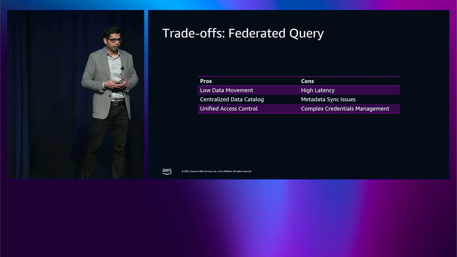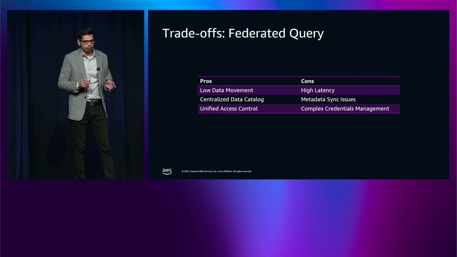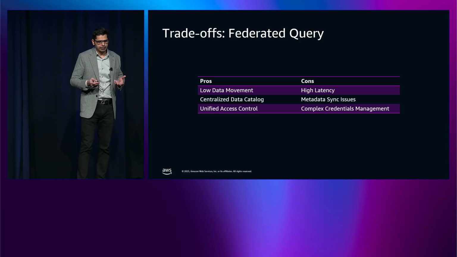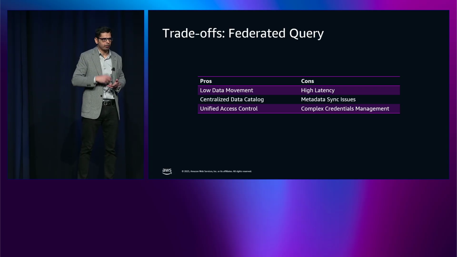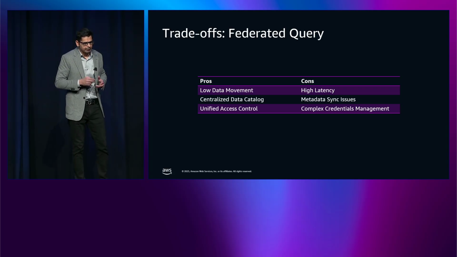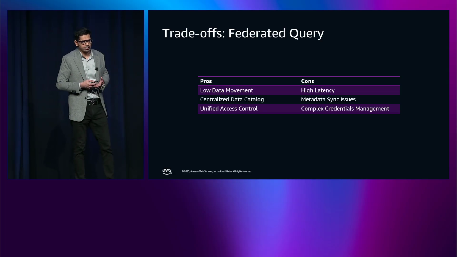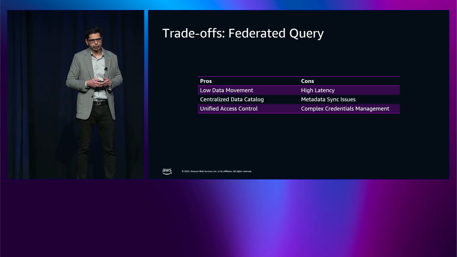So like every architecture pattern, it comes with its own pros and cons if not configured correctly. While there is less data movement in case of federated query, because we are just pulling the data from a remote source rather than copying that data from that source, this low data movement can come with high latency, again, if not configured properly from a network point of view.